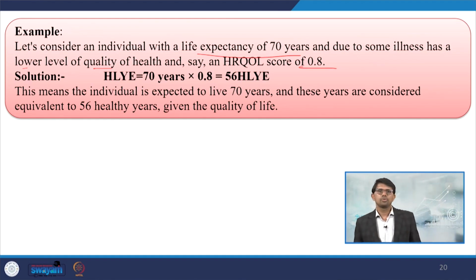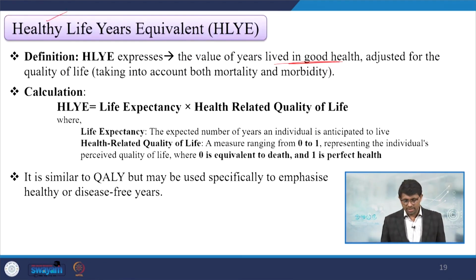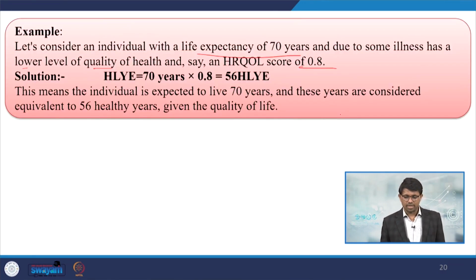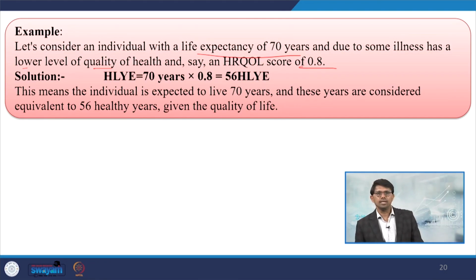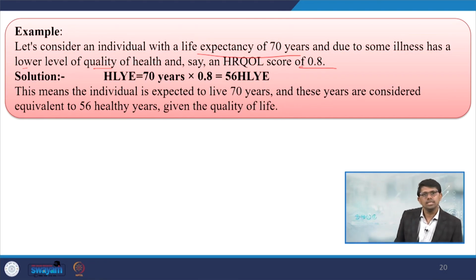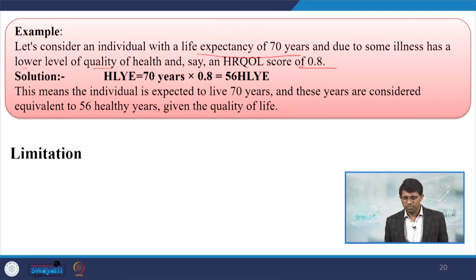The life expectancy we have already mentioned, and the HRQL figure is given as 0.8, hence in total it is 56 HLYE. This means that the individual is expected to live 70 years, and these years, that is 56 years, are considered equivalent to the healthy years given the quality of life.